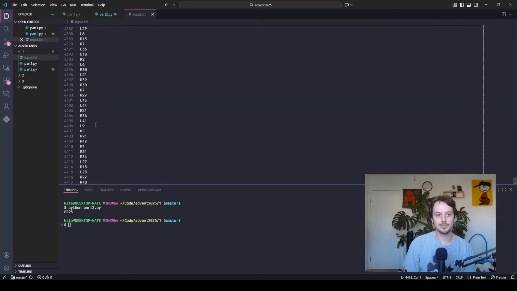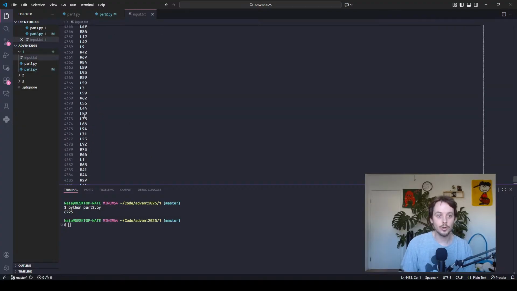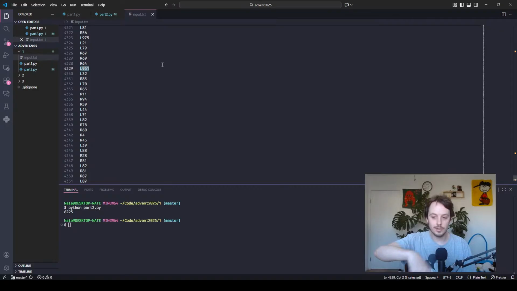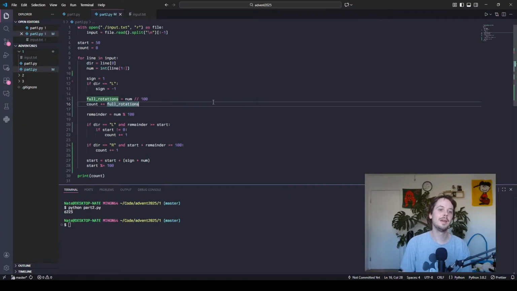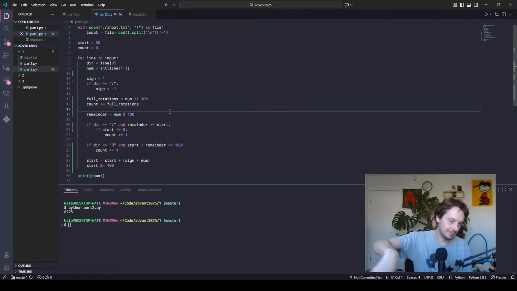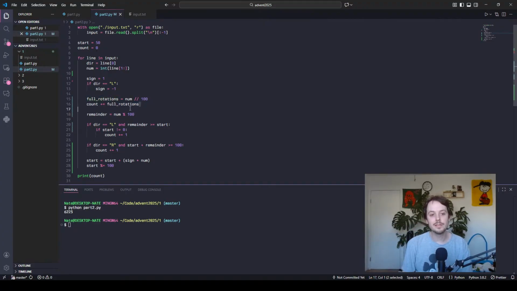So this is for lines where we have over 100 turns to do in a single line. Like this one, 951. That means we're going all the way around 9 times because 100 is a full rotation. So for each one of those full rotations, no matter where we start, we have to go past 0 as we do a full rotation. So that's simple to calculate.